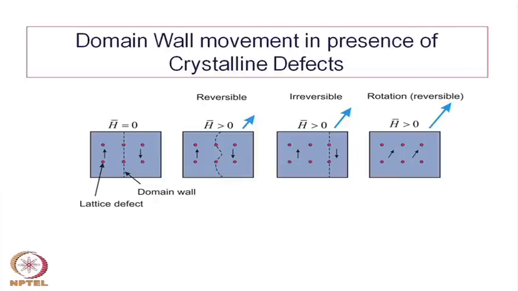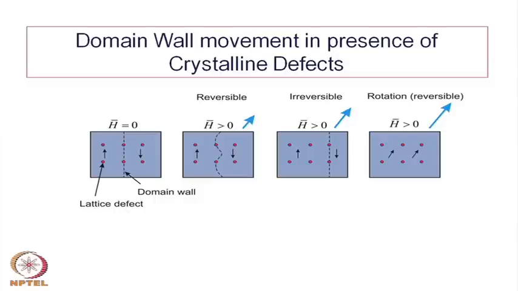Basically, when the atoms change their orientation, particularly the magnetic moment of those atoms or ions, and a wall is moving from one end to the other, in addition to the normal lattice points or lattice ions, it may encounter certain point defects which we have discussed earlier. There are point defects, line defects, surface defects, and so on.